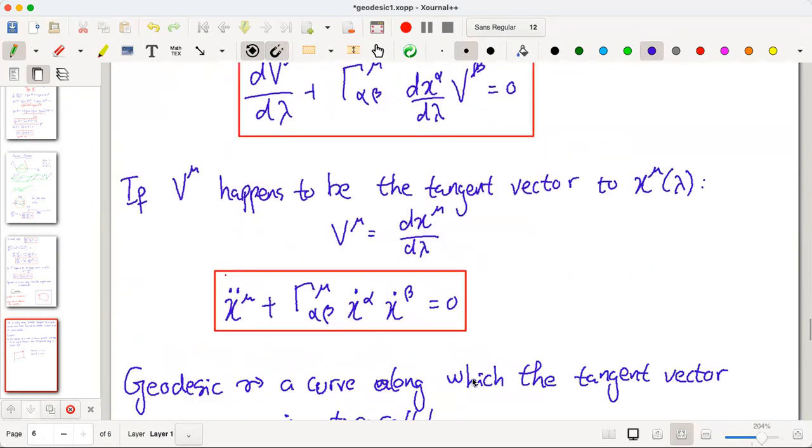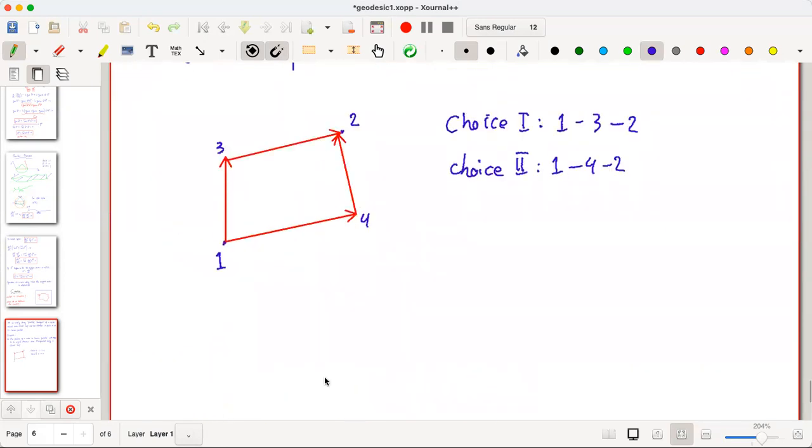So saying that I'm doing parallel transport from 1 to 3, and then from 3 to 2 amounts to saying that I'm doing a parallel transport along, let's say, this covariant derivative given by nu, while this one is a different covariant derivative, mu. Now, if I choose the second choice, 1, 4 is the same as 3, 2, so this is del mu, and 4, 2 is the same as 1, 3, and this is del nu.